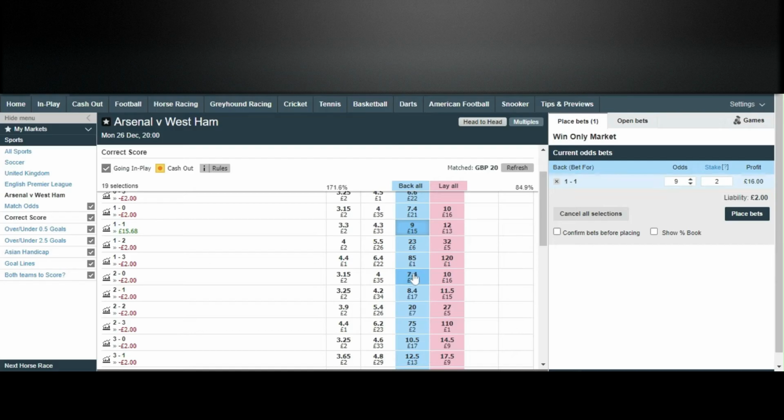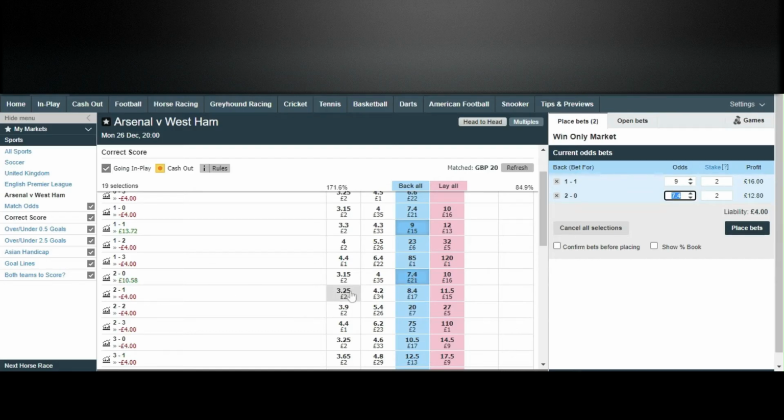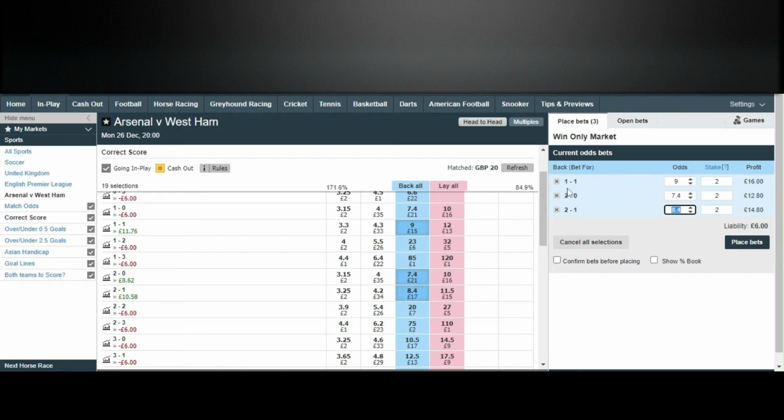The next one I'll look at is the 2-0. And again, we'll do the 2-1, because if at the beginning West Ham sneak a goal in, then this one would be dead and we need this one. So this is all I'm going to put in on this one.